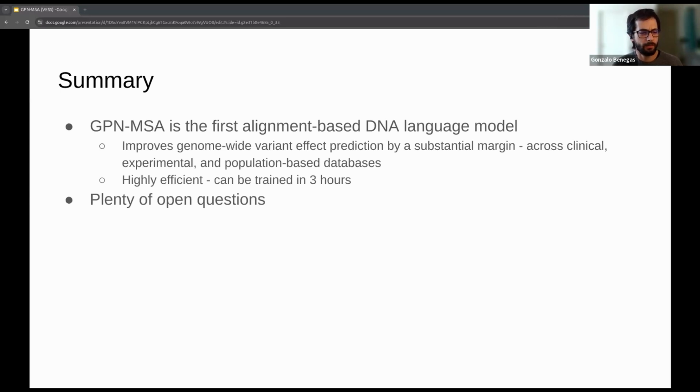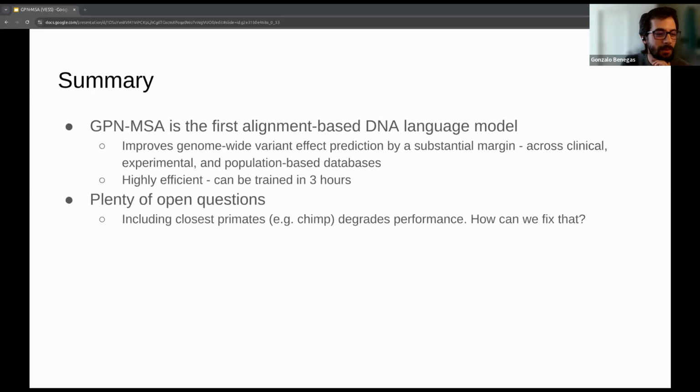Some of the open questions: maybe the most puzzling for me is that if you include the closest primates, such as chimpanzee, the performance gets worse. The way I think of it is that it is too easy to predict the human if you have the chimpanzee as a context.